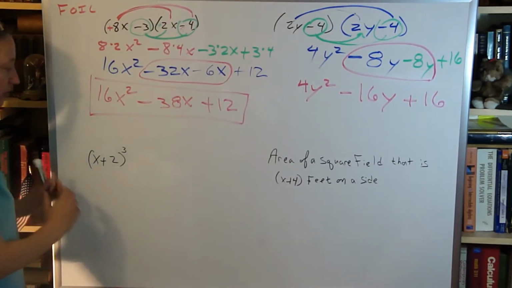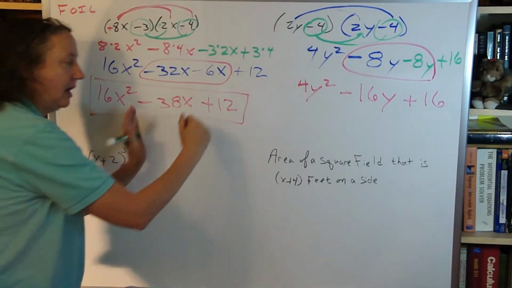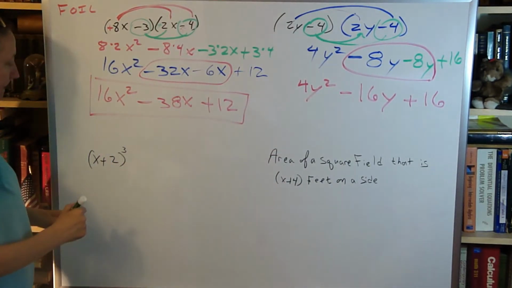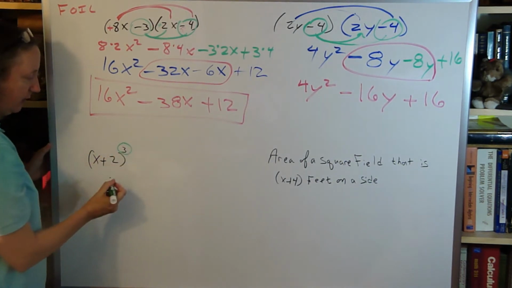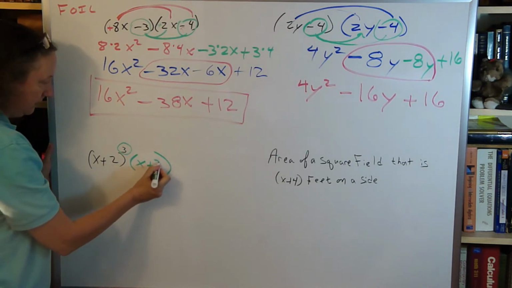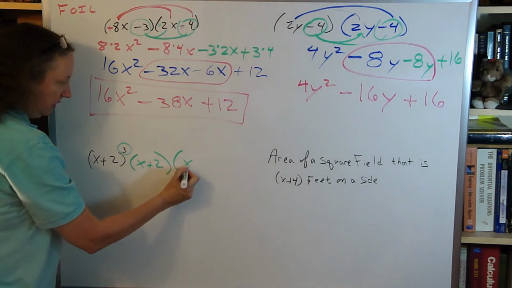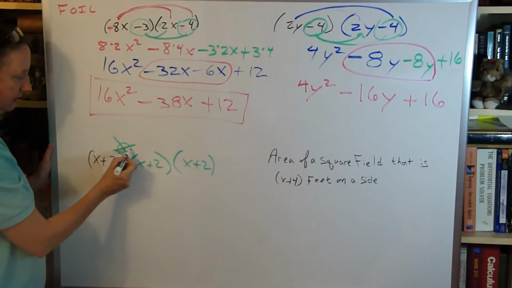So I am going to rewrite this as parentheses times parentheses times parentheses. So I'm going to get rid of that 3 by saying parentheses x plus 2, parentheses x plus 2. Now I can get rid of that.